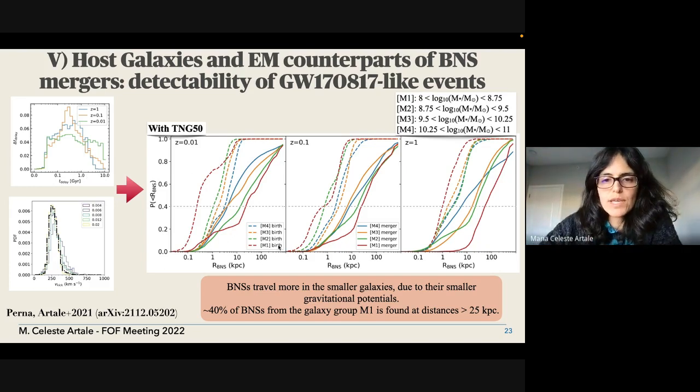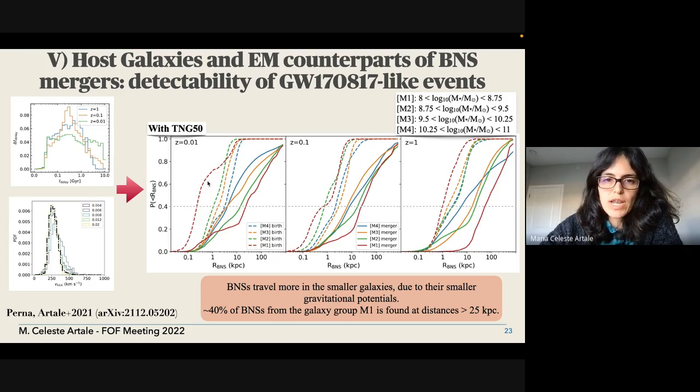For that, we select 4 bins in stellar mass for our simulated galaxies, between 10^8 solar masses and 10^11 solar masses, and we picked 4 different redshifts.